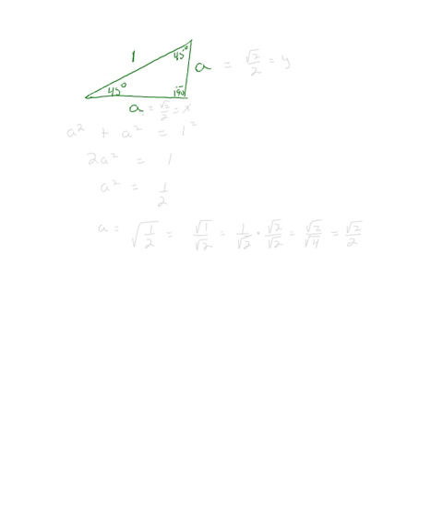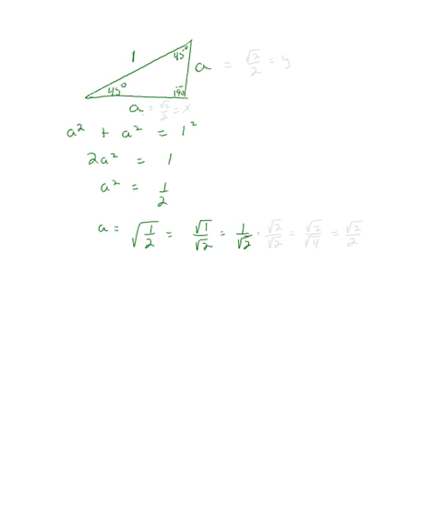Now I'm going to use the Pythagorean theorem here as well. So I'll have a squared plus a squared equals 1 squared. That's 2a squared equals 1. So a squared equals a half, and a equals plus or minus again actually, but we're in the first quadrant, so I'm going to take the positive values. Square root of 1 over square root of 2, or 1 over square root of 2.